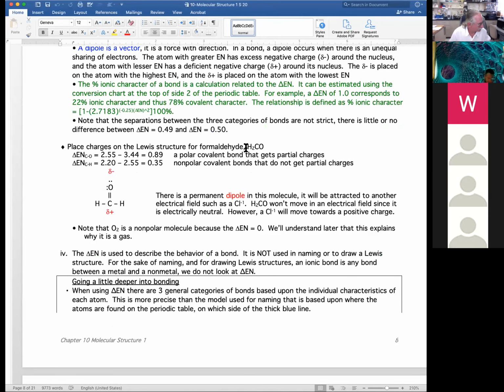Just to review a little bit. How many regions of electron density are around this central atom right here? 4. Exactly. How many regions of electron density are around it now?